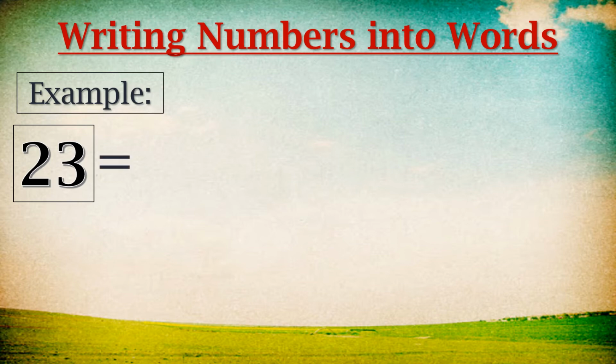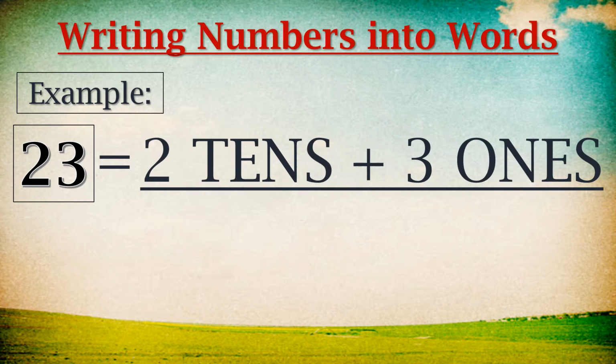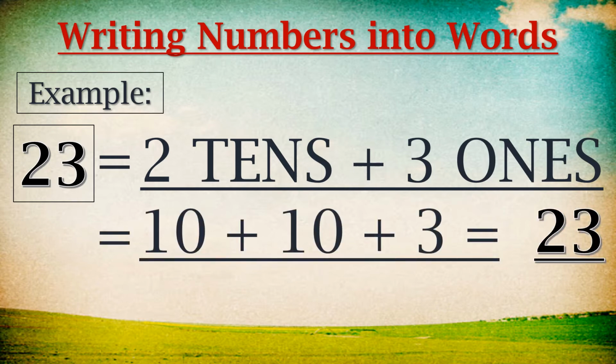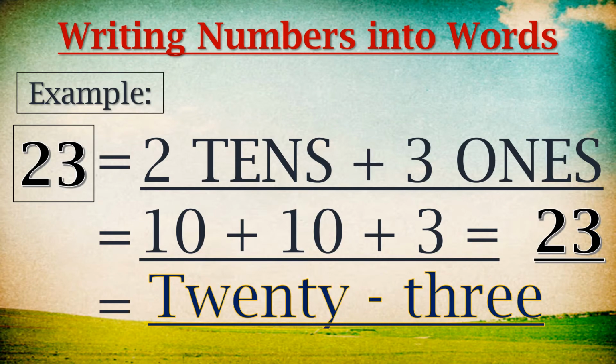All right, so 23 is equal to 2 tens plus 3 ones. So 2 tens, you know how to write 2 tens? It's 10 plus 10. 10 plus 10 is equal to 20. Plus 3, it's 23. Do you know how to write 23? All right, let's see. This is how you write 23.